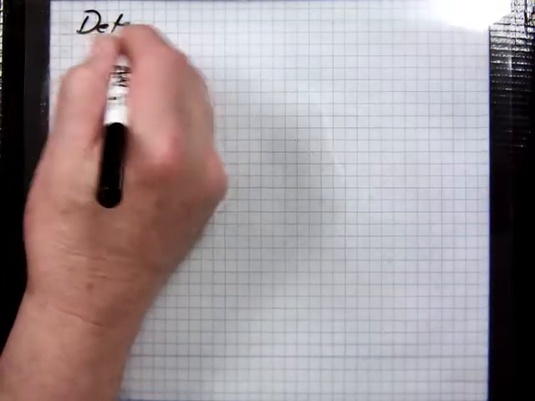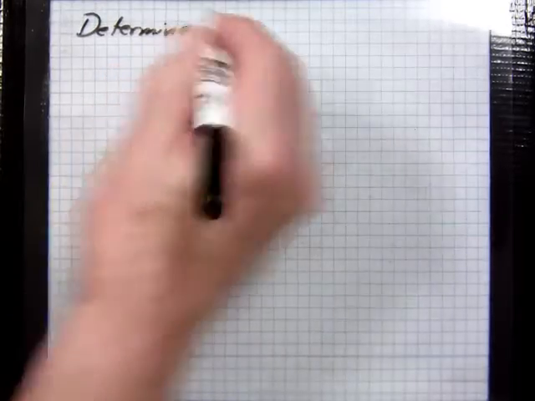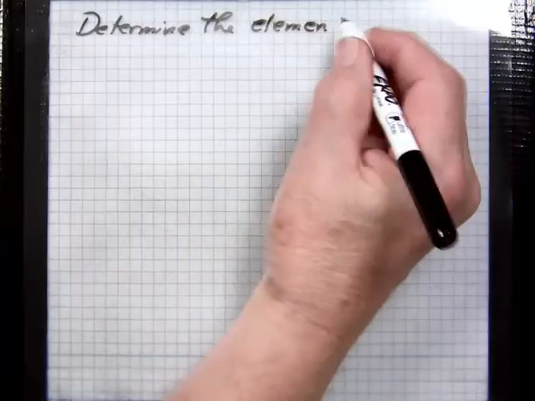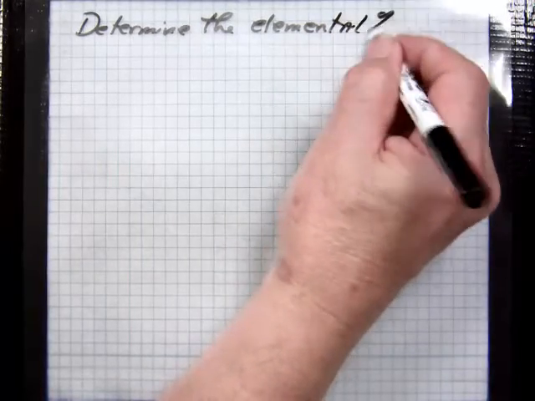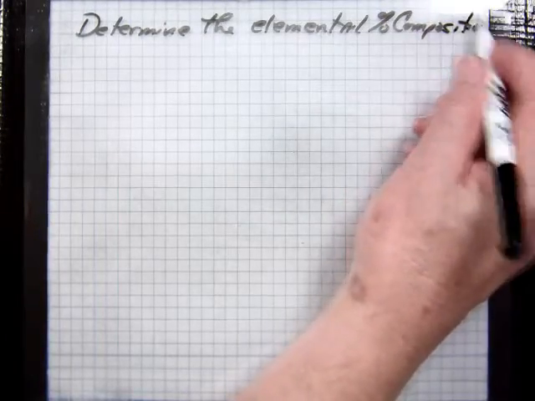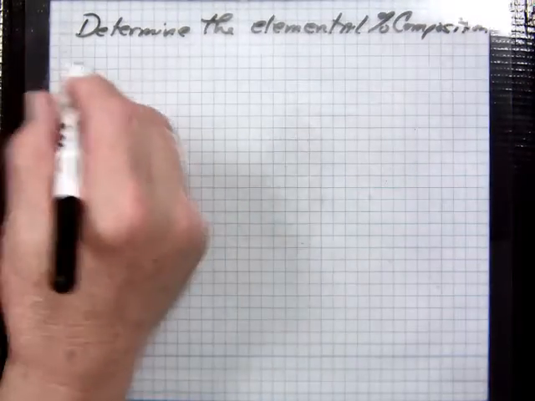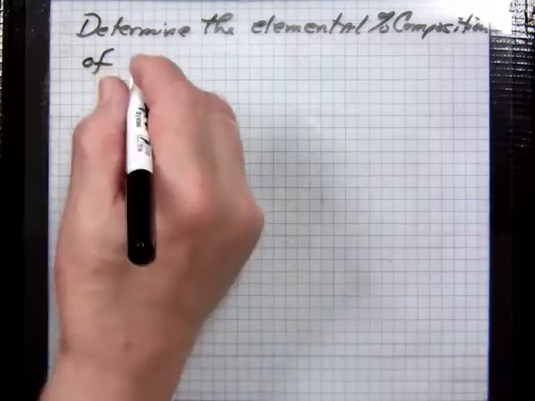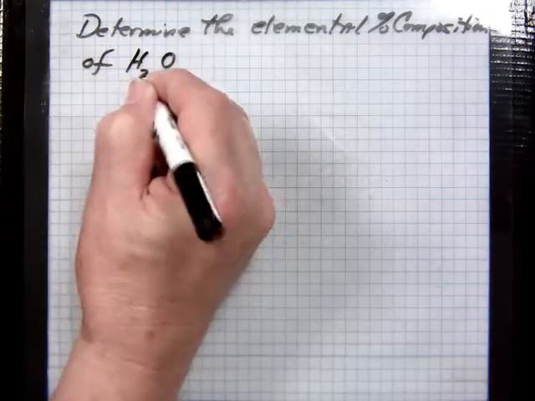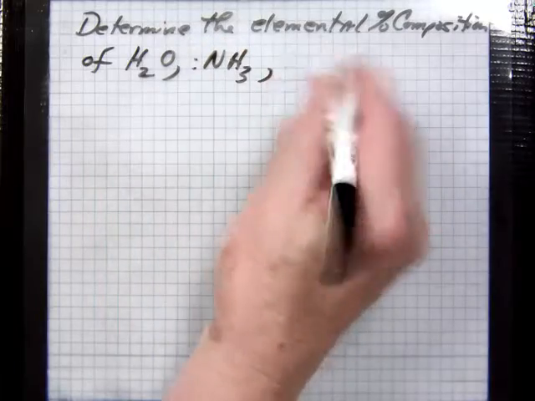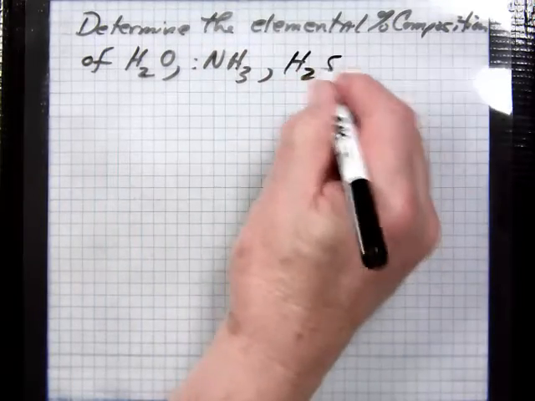So determine the elemental percent composition of whatever compound you have, say, water or ammonia or sulfuric acid.